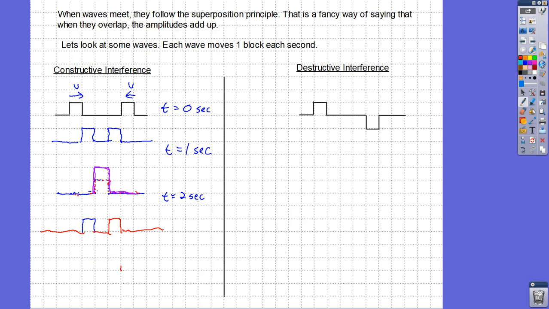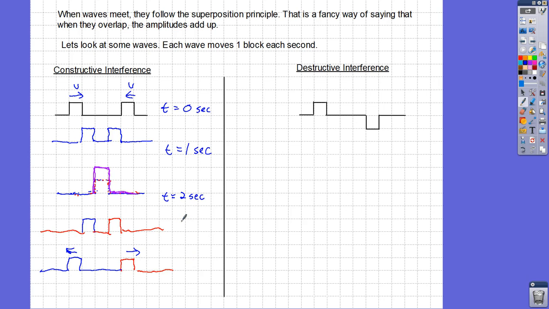And so later, the next second later, they will have each moved one block in the direction that they were traveling. So this one continues to go that way, this one continues to go that way.